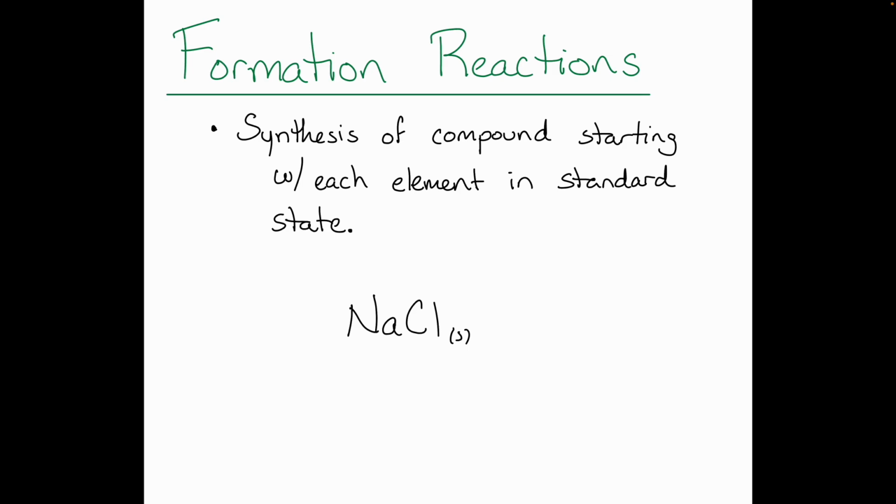Okay? So what do I mean by that? We have our compound, sodium chloride. I'm going to write a chemical equation for the synthesis of sodium chloride. All right? So remember, synthesis reactions. That means I got a lot of reactants combining into that one product. And my product is going to be that sodium chloride.